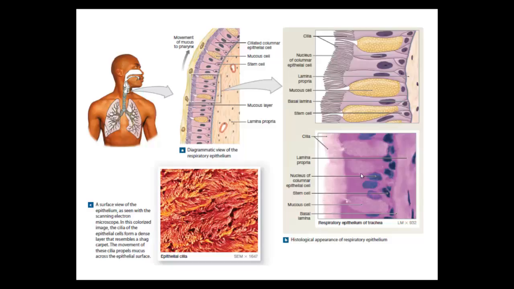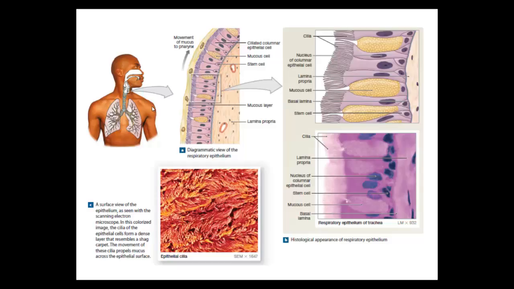Now, the three areas that you see here: the mucus layer, the pseudostratified cells, which include also the goblet cells, and the basement membrane and the connective tissue underlying it, which would be the lamina propria. All of that will be collectively part of your lining, and it's continuous from the nose all the way throughout your respiratory tract.